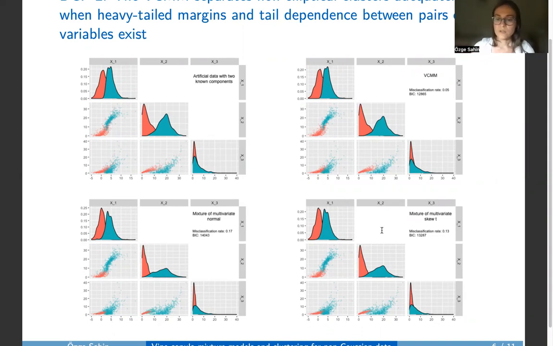If you fit, on the bottom right, the mixture of multivariate skew t, you see it is better than the mixture of multivariate normal in terms of misclassification rate and BIC, but it still has problems on the tails, because there are different tail dependence structures, and it is not the same in each pair of variables.